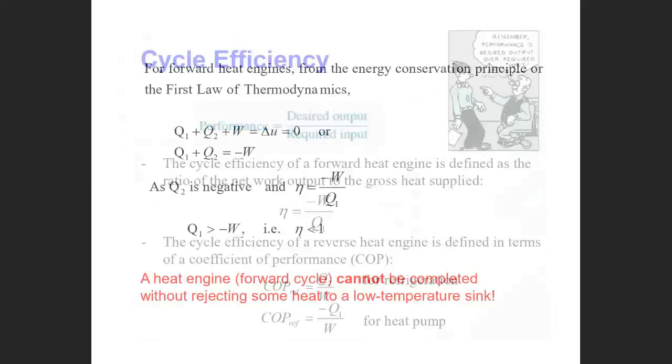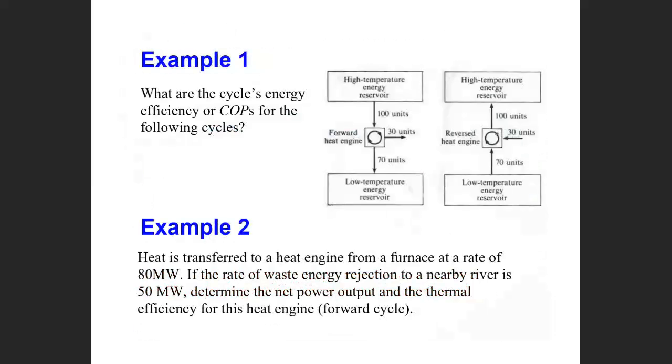Now I have prepared 2 examples. See what the cycle efficiency and COP are. Spend a few minutes to see if you understand and do the calculation, then after 5 minutes we work on these 2 examples together.